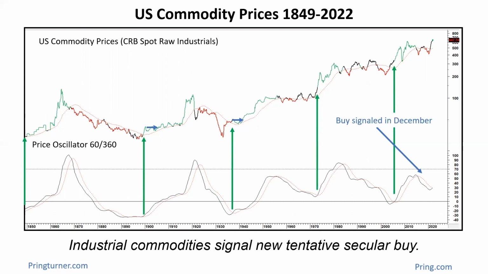The one thing to bear in mind is if the primary trend or the secular trend is up, any bear market in commodity prices is likely to be very limited in scope. Those blue sideways arrows represent a few years in time too. That's a great point, Bruce. Yeah, this chart goes back to 1850, so a little arrow like that is probably a couple of years. So you get sort of a range-bound condition in commodity prices for a few years before they start to heat up again.